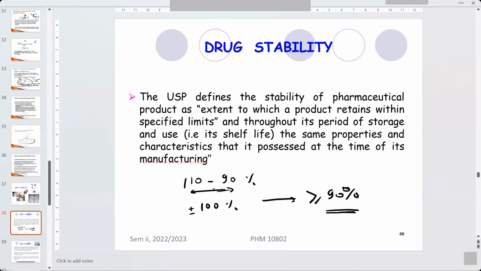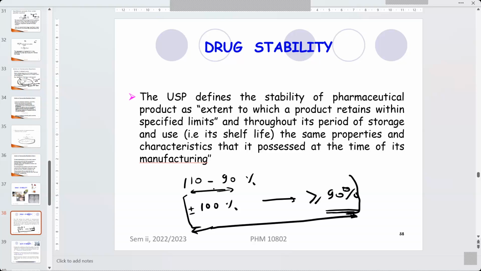Okay? And this applies for the other tests that I do for the product as well, microbiology, other things. So the period of time that it will retain the characteristics, including assay, dissolution, disintegration, whatever, physical characteristics or biological or microbiological or chemical, if it retained them within the accepted limit, then the drug is called stable.